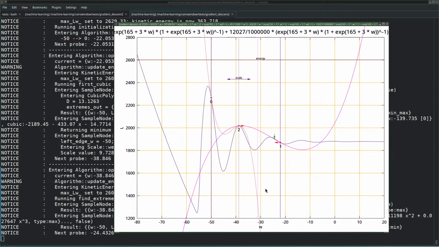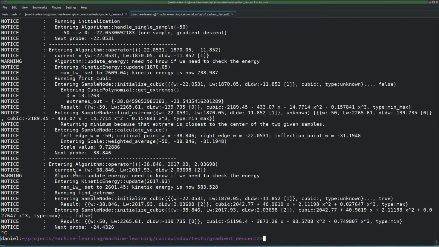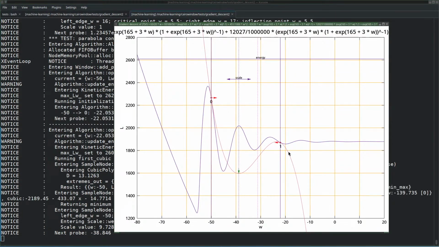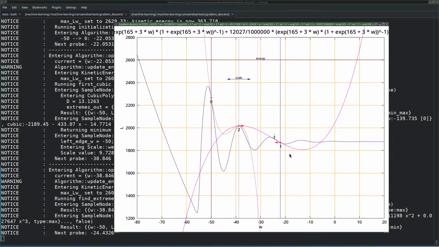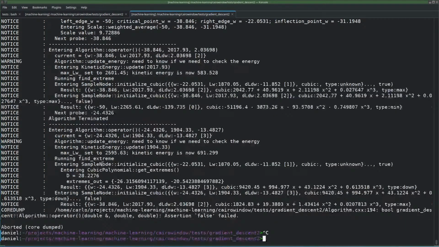Ouch. What the hell did that happen? Debugger. I'm not going to read the debug output.